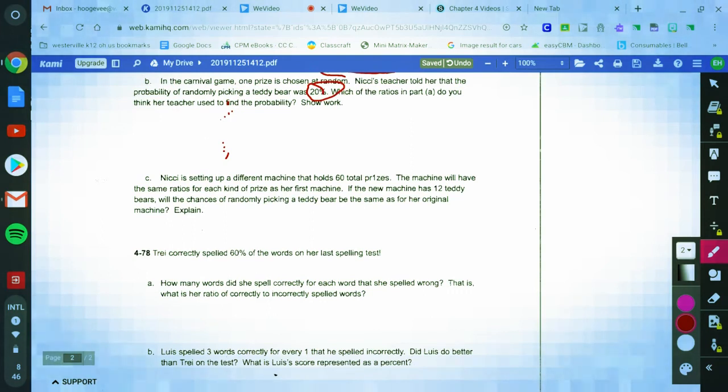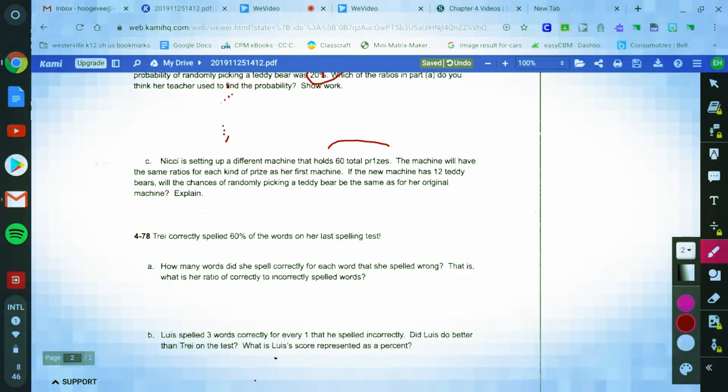The next question, she is setting up a different machine that's now going to have 60 prizes. All right. It's the same ratio, so they didn't add any extra or more teddy bears or stuffed dinosaurs. They kept the ratio the same. So now she's at 12 over 60 to get a teddy bear. Does she have the same chance to get a teddy bear as before?